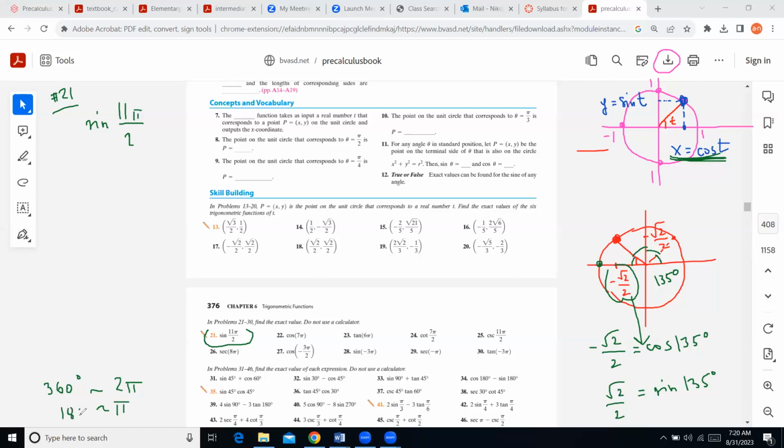So pi is corresponding to 180 degrees. So whenever I think of pi, then it means that I have to take this 180. But since it's over 2, then I can think of it as pi over 2 or 90 degrees angle.